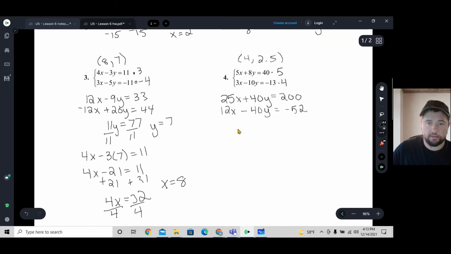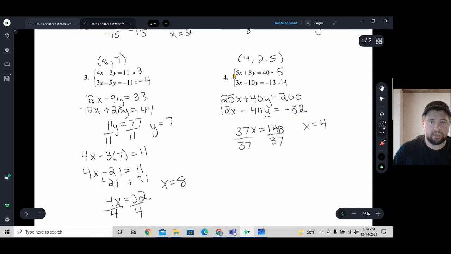And I'll end up with 37x equals 148. I'm going to divide by 37, and I'm going to get x equals 4.